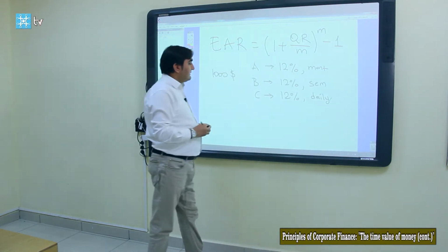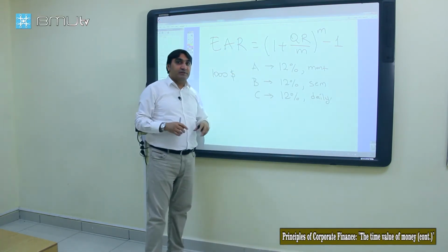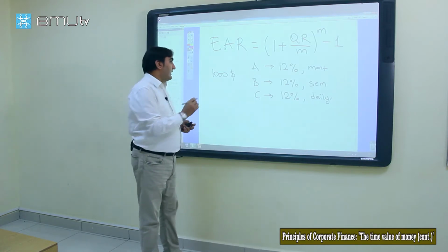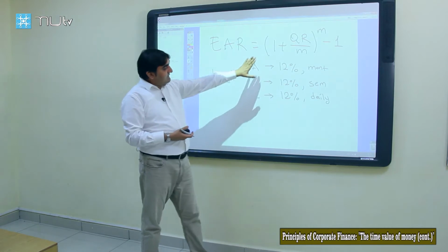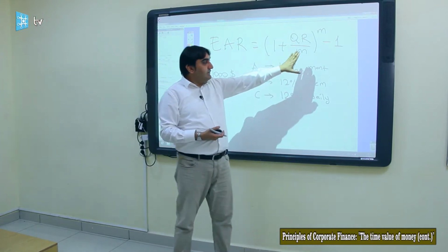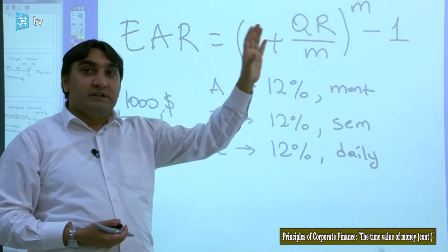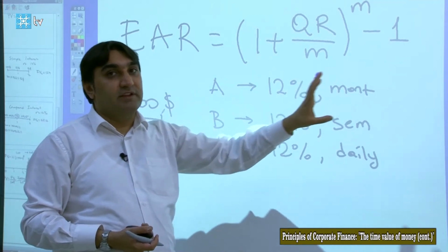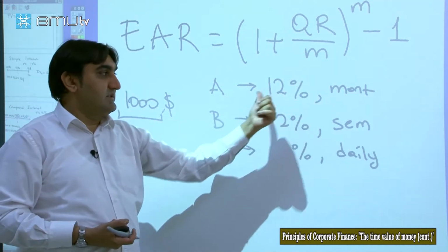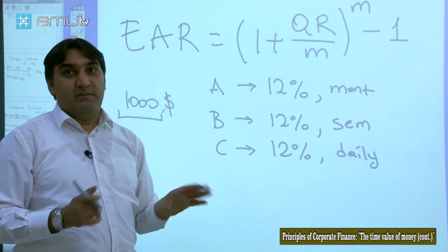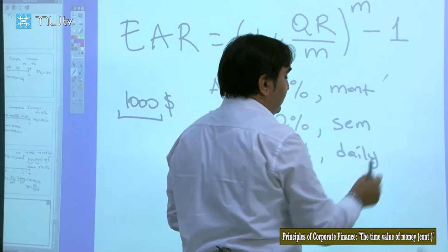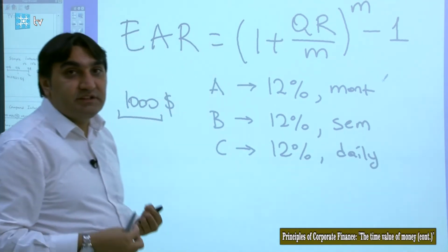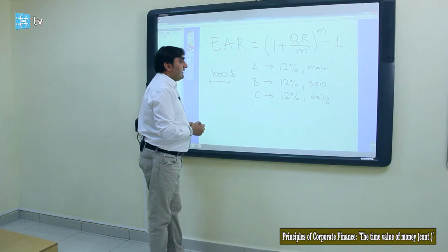Which one is the best option for investing our $1,000? Since they have the same rate but different compounding periods, the final amount will be different. We cannot say that because the rate is the same, the amount will be the same.